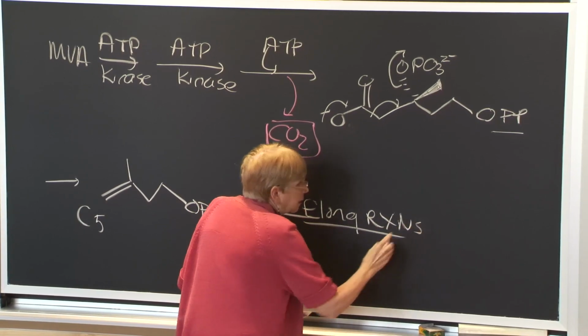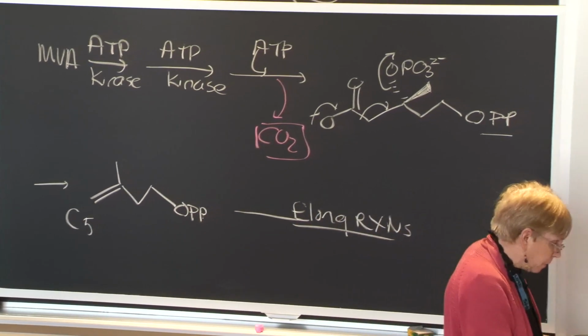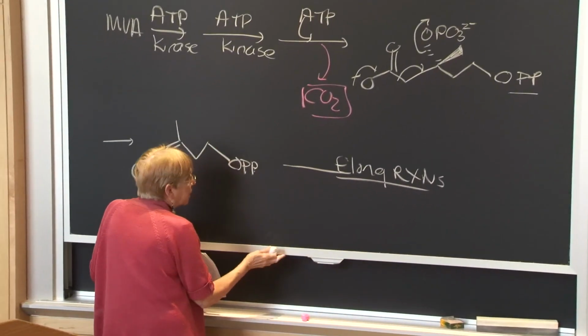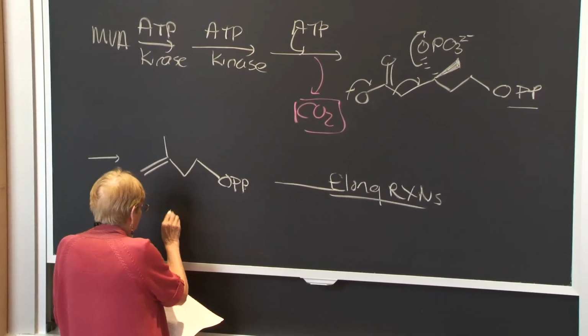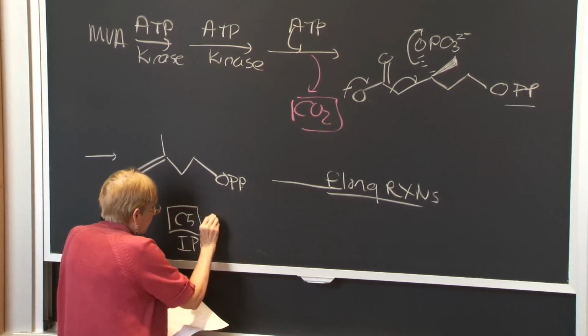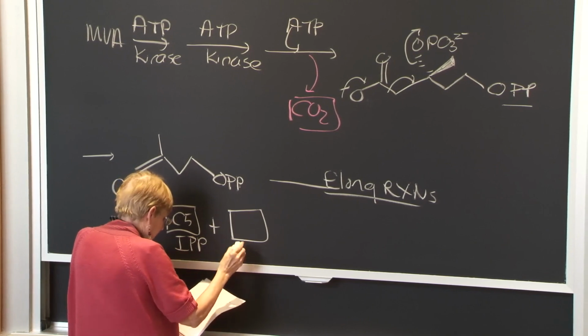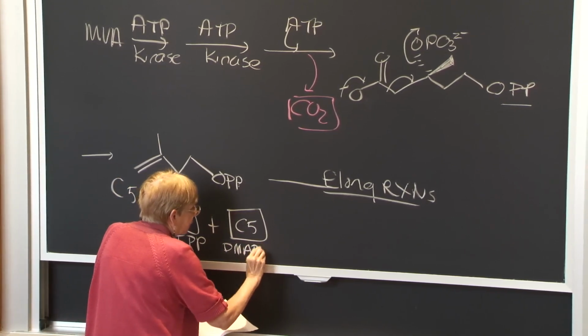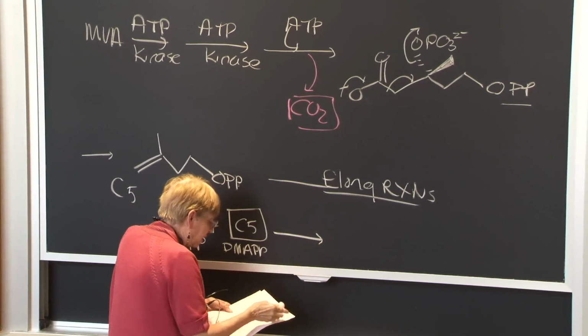reactions. Okay, and I guess I'll use a second board over here. And so let me do it over here, and then I'll do the next one. So what we want to do then is take C5 plus C5. Okay, and we're going to look at this reaction in detail.